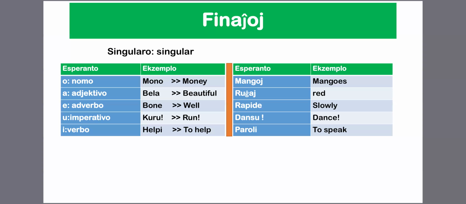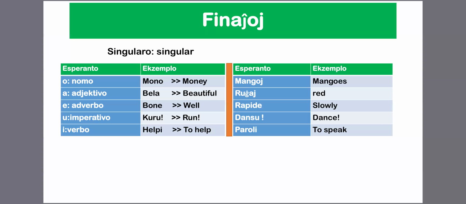Rujaj, red color. They are red, many colors. So many clothes may be in red color. I can say rujaj. Rapide, danci, paroli. So when I put only a J in Esperanto, automatically the word becomes plural.